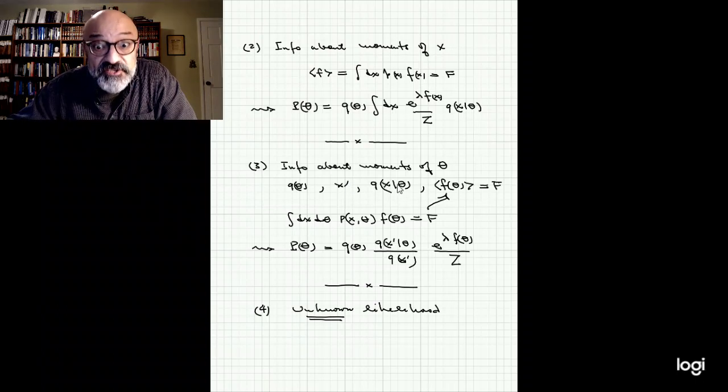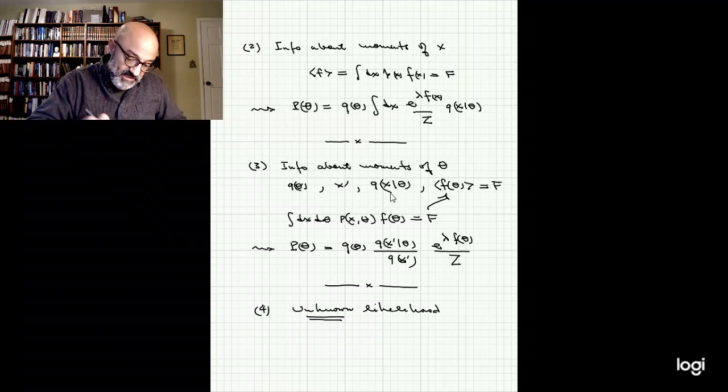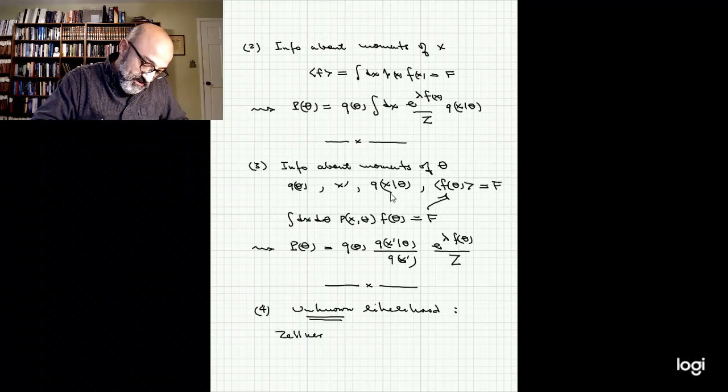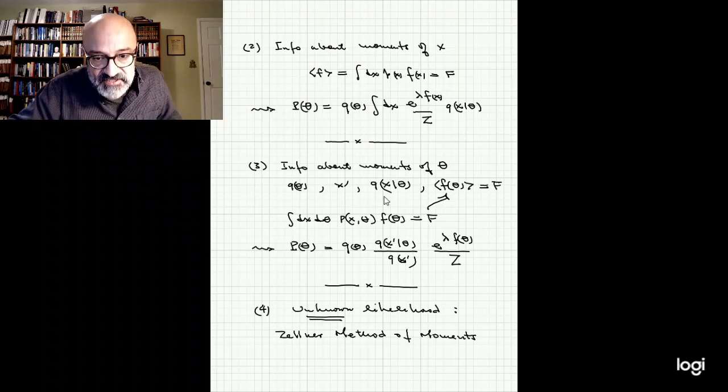You need a relation between x and theta. But what if you don't know that? This is what is called the Zellner method of moments. In fact, what I'll present very quickly here is just a generalization of the method of moments.